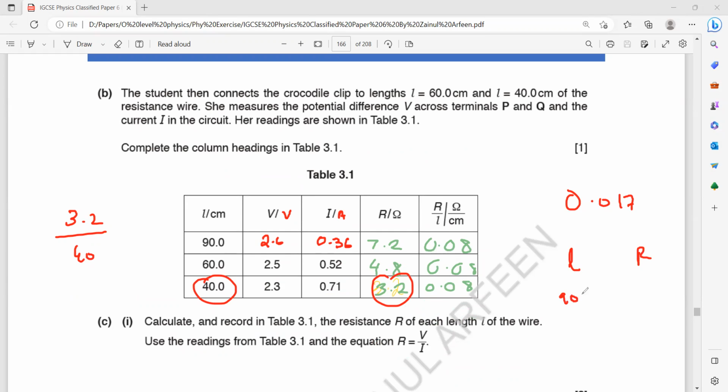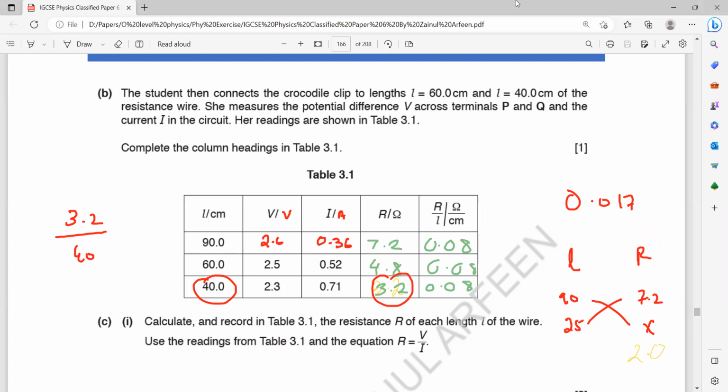For example, if we have a length of 90 centimeter, it had a resistance of 7.2. So if we have a length of 25 centimeter, how much should be the resistance X? Cross multiply. 25 times 7.2 divided by 90. What's the answer for this? 2.0.